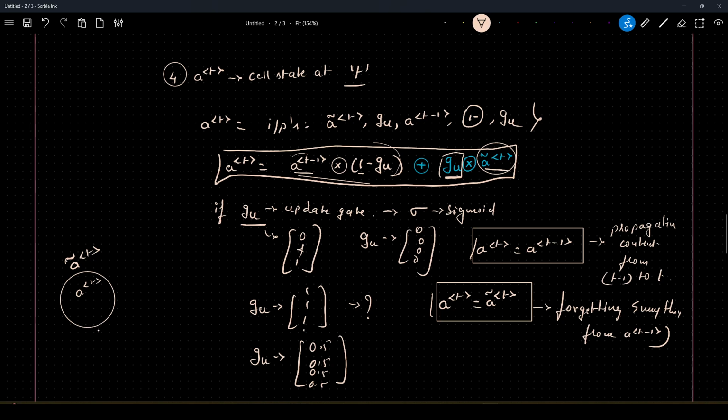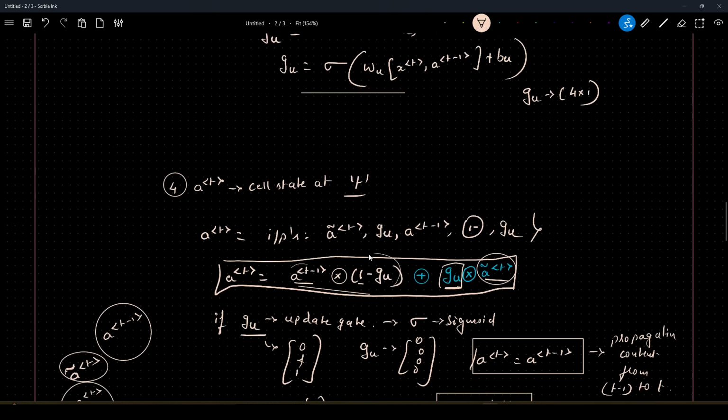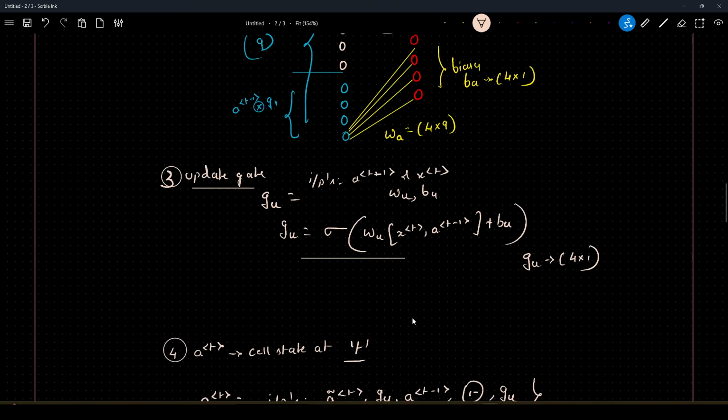So how is AT calculated? With the combination of A bar T and A T minus 1, and with the help of these gates. Okay, hope it is clear. If you have any questions, please reach out to me.